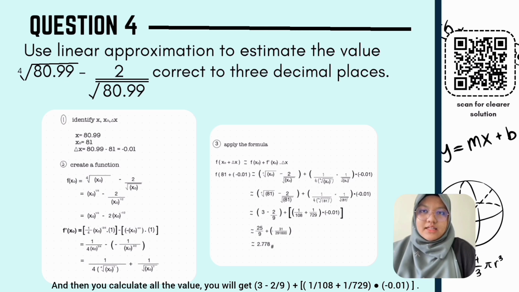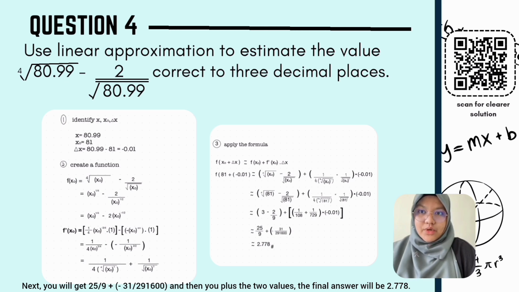And then you calculate all the values, you will get (3 minus 2 over 9) plus (1 over 108 plus 1 over 729) times negative 0.01.